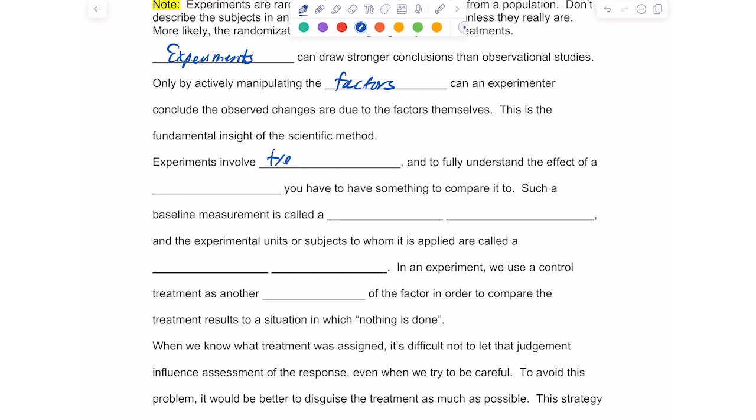Experiments involve treatments, and the treatments, remember, are made up of factors and levels. To fully understand the effect of a treatment, you have to have something to compare it to. Such a baseline measurement is called a control treatment, and the experimental units or subjects to whom it is applied are called a control group.